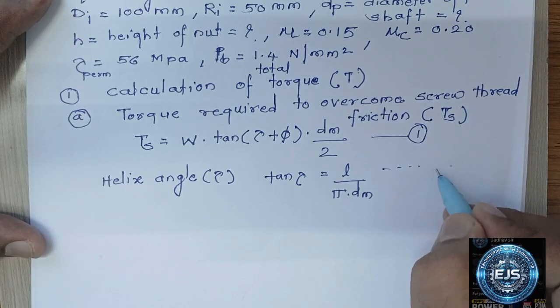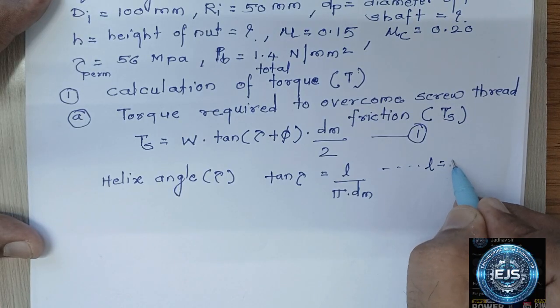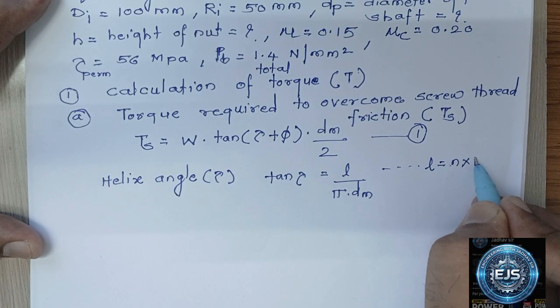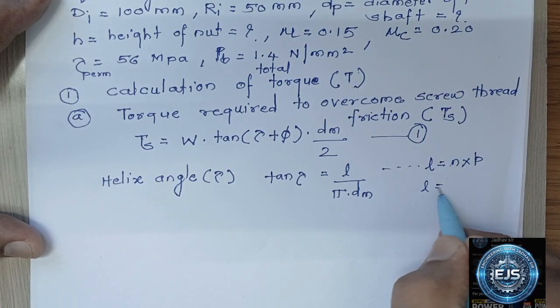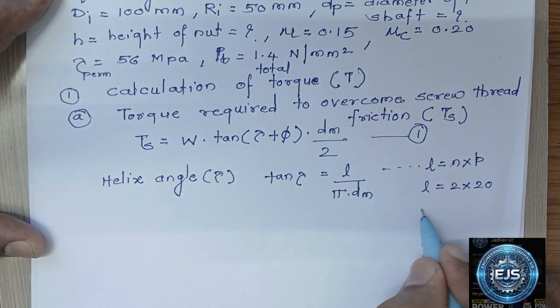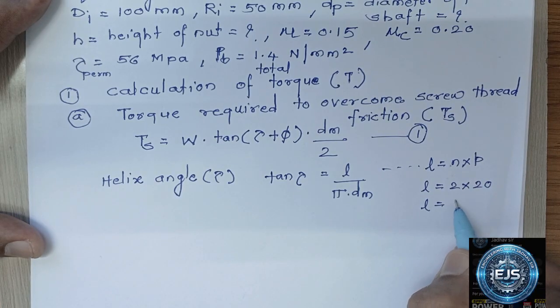As it is a double start screw thread, lead is equal to number of starts into pitch. The number of starts is 2 and the pitch for this problem is 20 mm. So the lead value is equal to 40 mm.